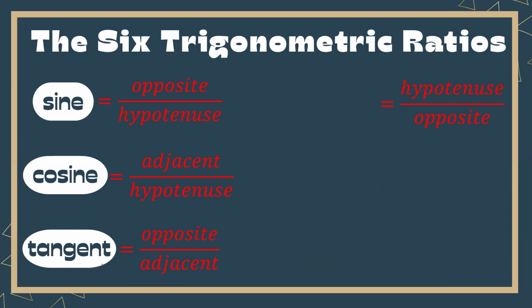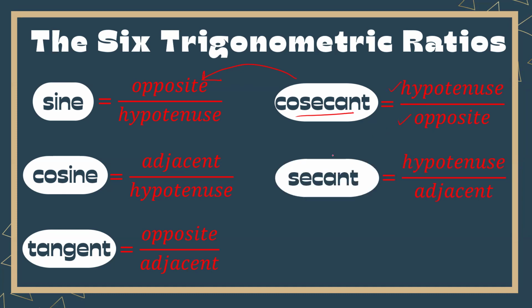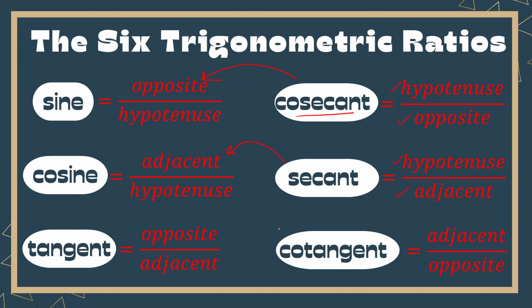Okay? The other three trigonometric ratios are the inverse of the first three. So cosecant is the inverse of sine, wherein cosecant is hypotenuse over the opposite side. Secant is the inverse of your cosine function, which is hypotenuse over the adjacent side. And cotangent is the inverse of tangent, which is adjacent over the opposite side.